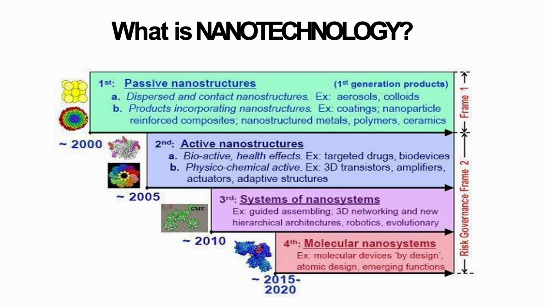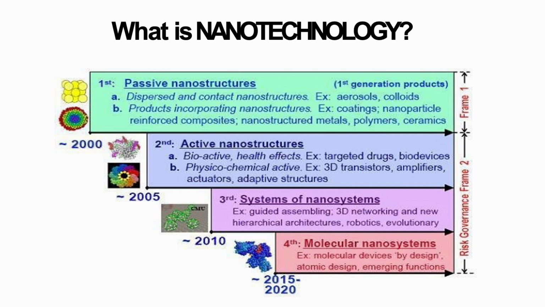For the passive nanostructures, for example, we are talking about the year 2000, and here we are talking about the first generation products. When we are looking into the second type, I would say, or active nanostructures, we are talking about approximately years 2000 to 2005. Then we were again seeing some evolution, more evolution in the nanotechnology. That was around 2010 when we were using systems of nanosystems, and obviously nowadays we are looking into molecular nanosystems.